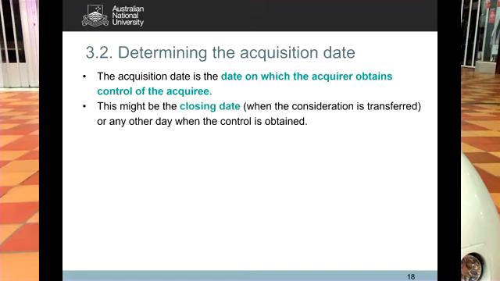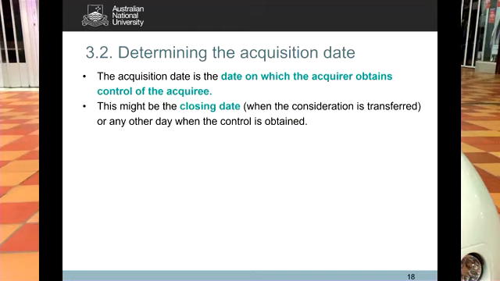But you probably should know during this acquisition, there could be many important event dates. So those event dates could be like the closing date when the consideration is transferred. So on that day, the acquirer transferred their consideration to the acquiree.